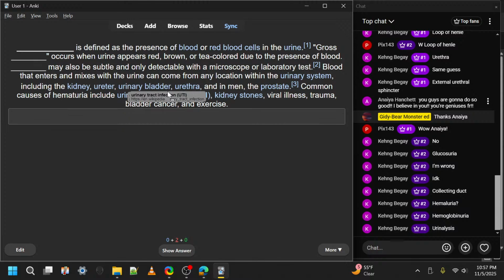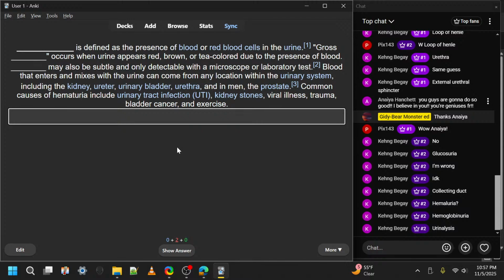Ooh, wait. Urinary tract infection, UTI, kidney stones, viral illness. Okay, so these could be the causes of this condition. So this condition is called hematuria. Gotta remember to put that T in there. Hematuria.